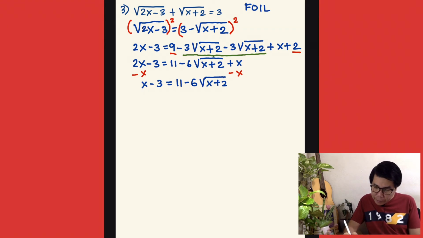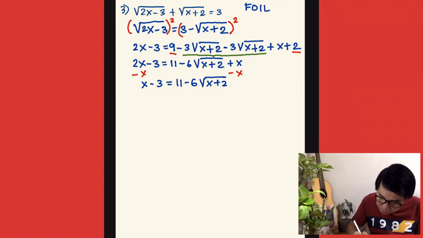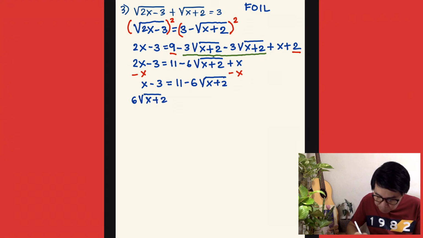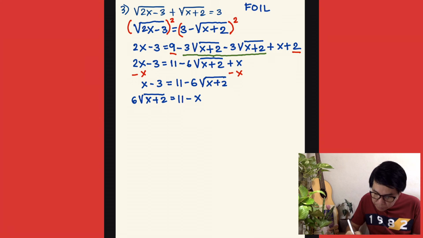Then I'm going to transfer x minus 3 to the right side and negative 6 square root of x plus 2 to the left side. So what happened is we have 6 square root of x plus 2 equals 11 minus x plus 3.